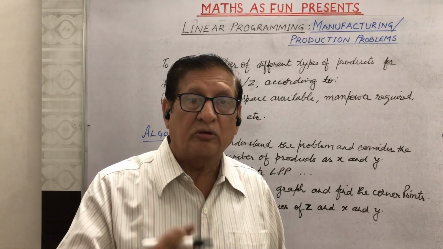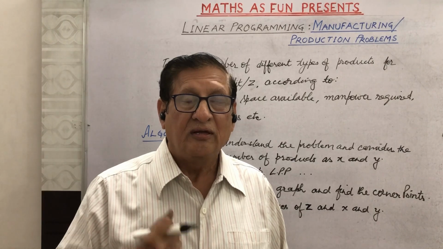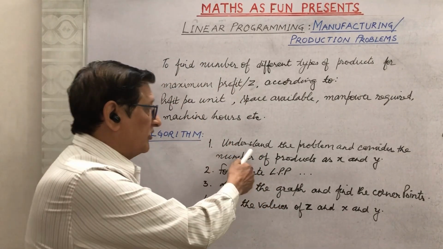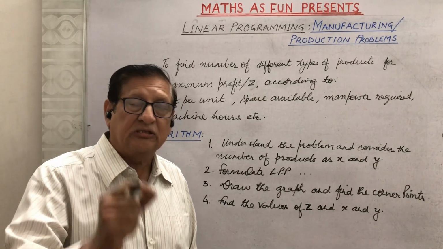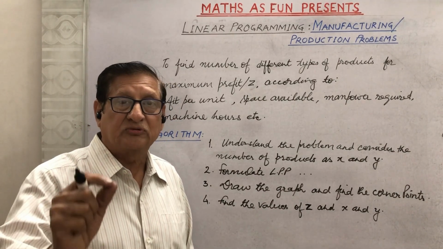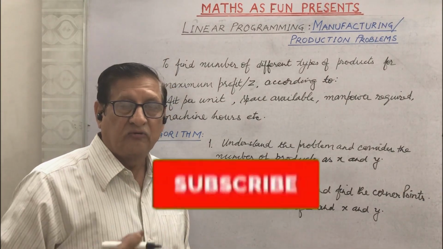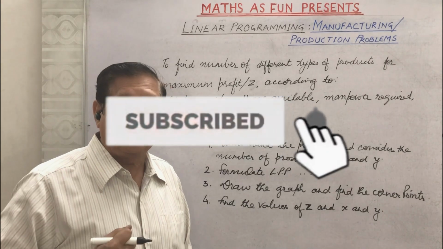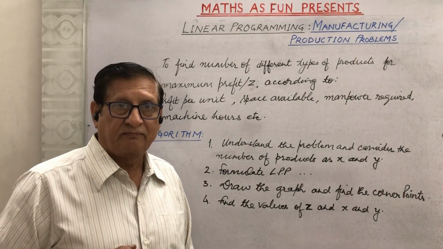What will be the algorithm to formulate the LPP and to find out the solution? Let's understand that. Number one, we have to understand the problem. And then we will consider the number of the items or the products which are produced or manufactured by the firm, by the factory, as x and y, the variables.